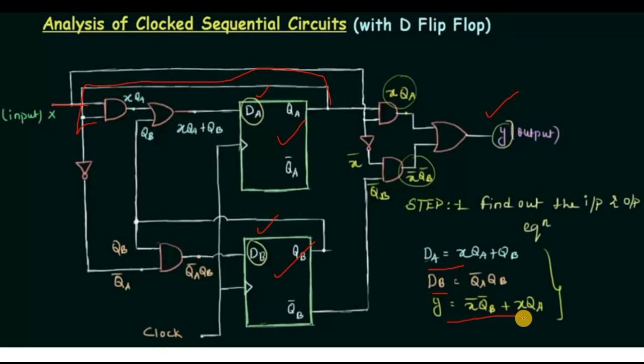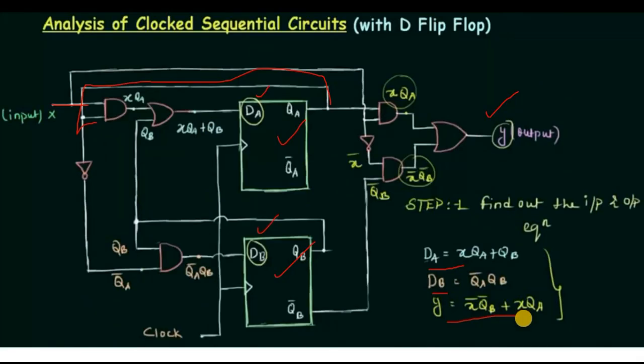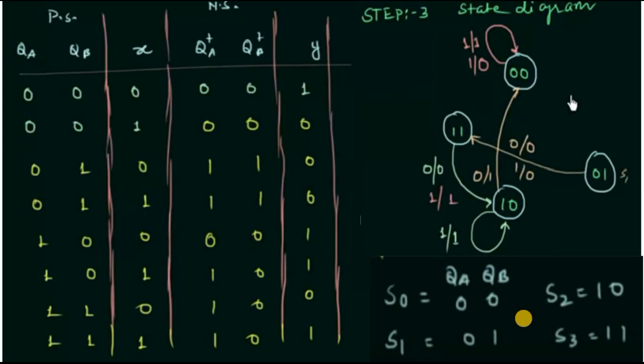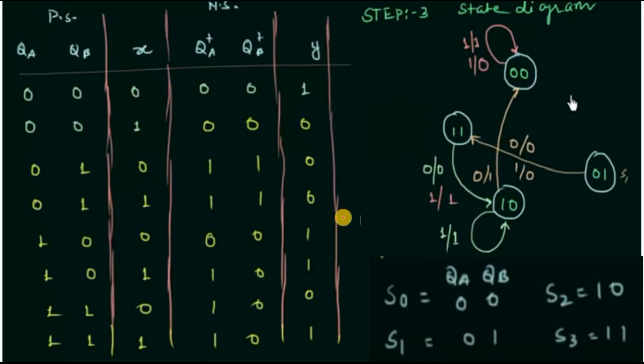Once you did this, you need to construct the truth table, which is nothing but the state table here. So this is the state table. You need to substitute the values of QA, QB and X. QA, QB and X are the inputs, right?